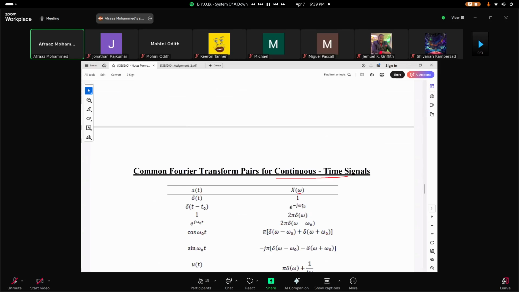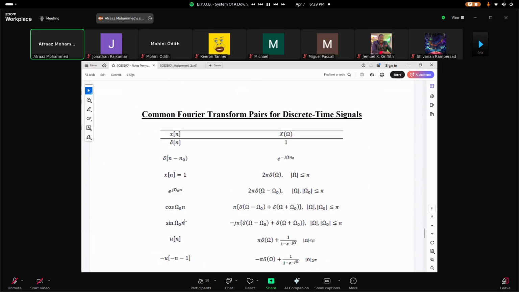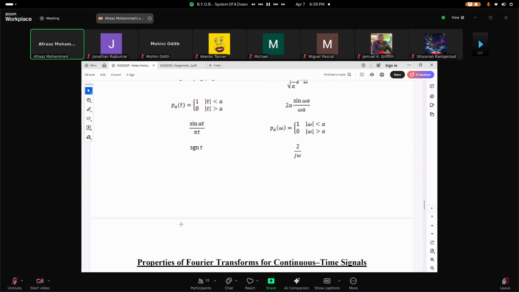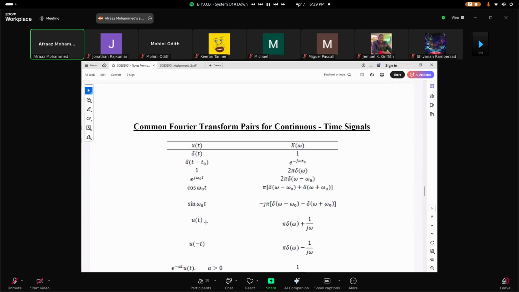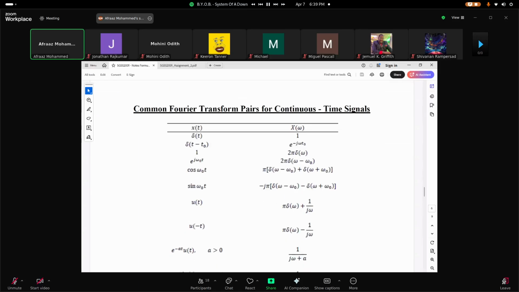For continuous time signals, it is the common lowercase omega, and for discrete time signals it is the capital omega. Some we saw already: e to the minus at u of t, and in the Fourier transform that is 1 over j omega plus a.